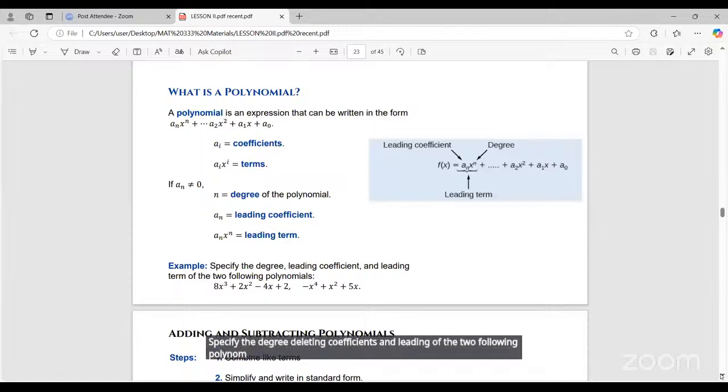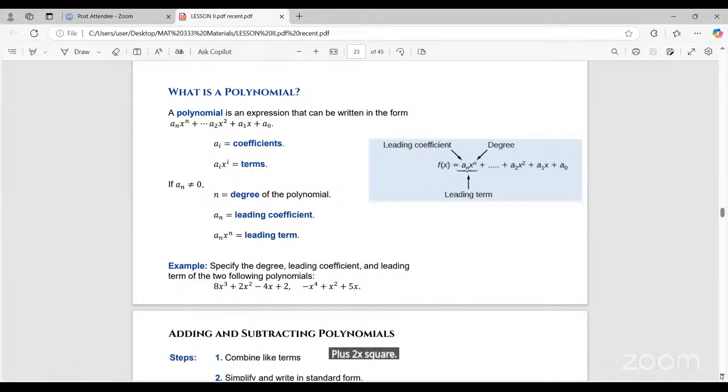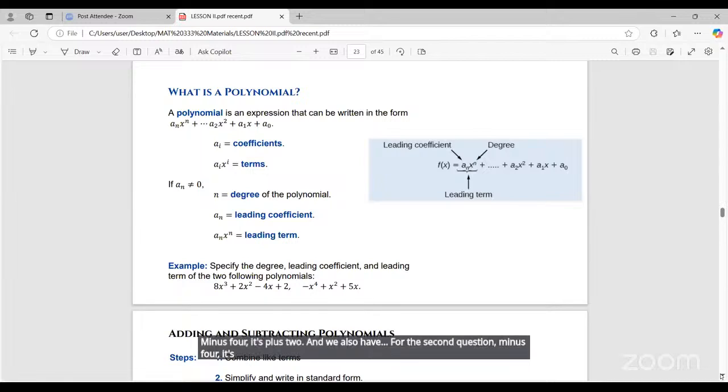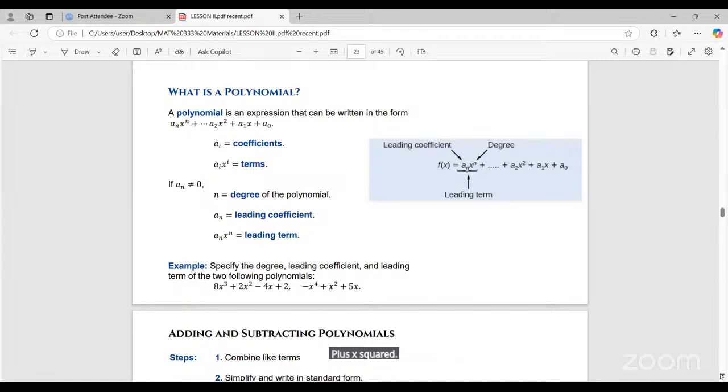We have 8x cubed plus 2x squared minus 4x plus 2. And for the second, minus 4x plus x minus x to the power 4 plus x squared plus 5x. Now, for the first polynomial, what is the leading coefficient?